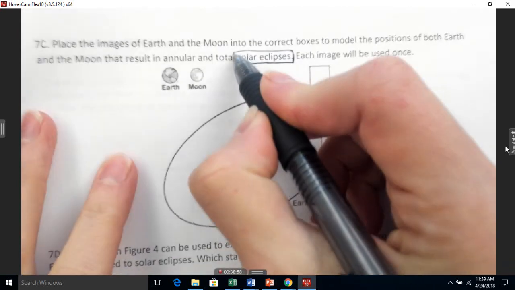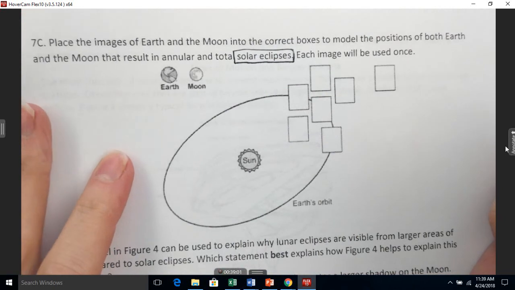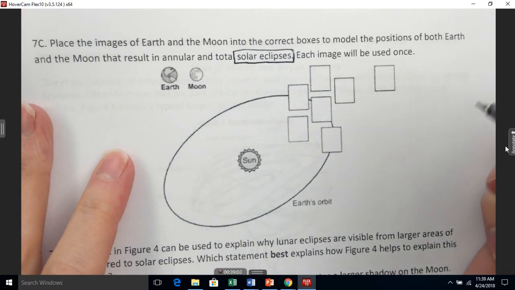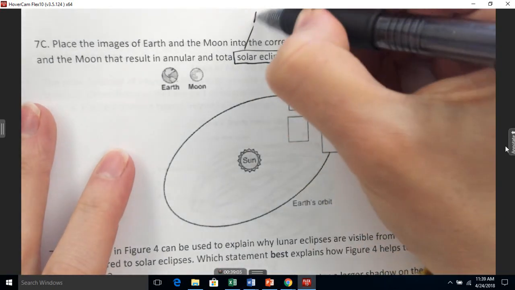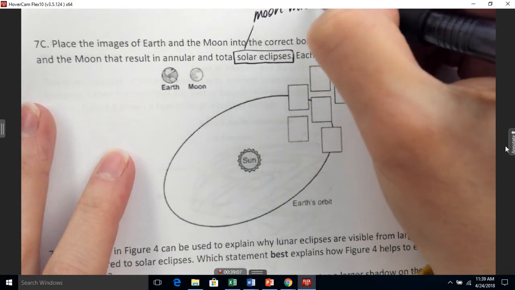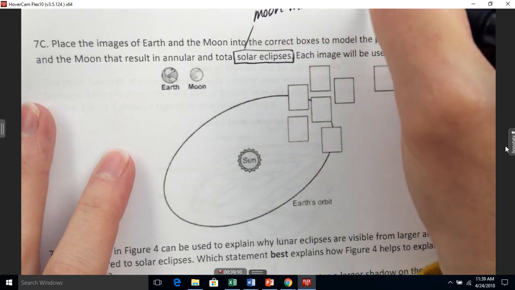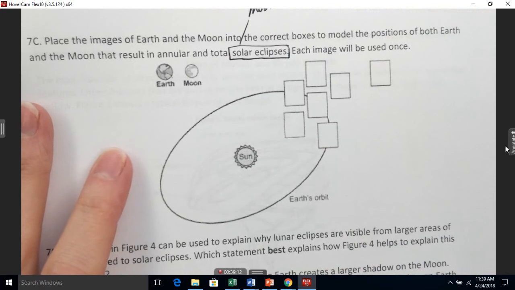Solar eclipse. What did we say for solar eclipse? Moon, middle, solar. I got it right, I think. M&M's. Solar eclipse is M&M's.